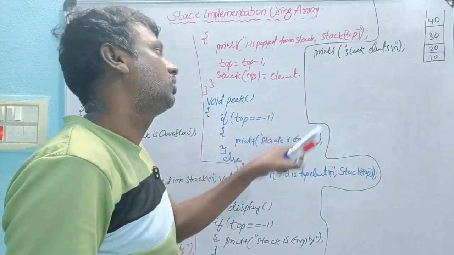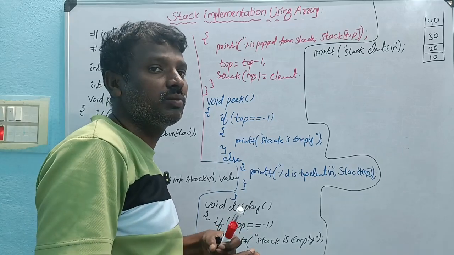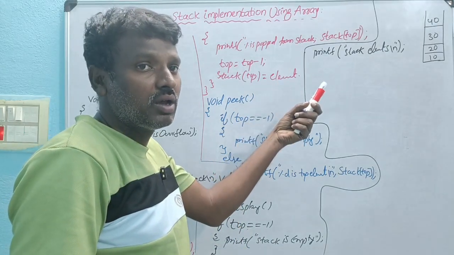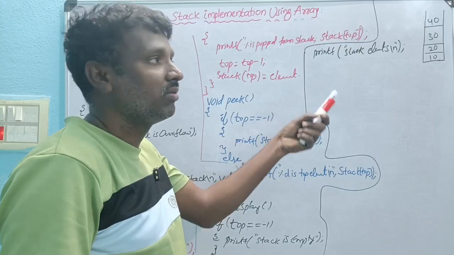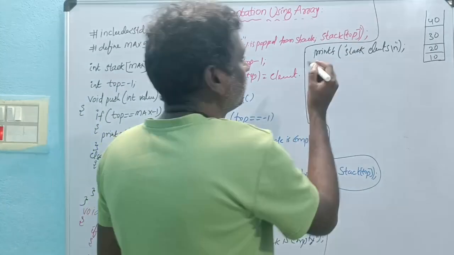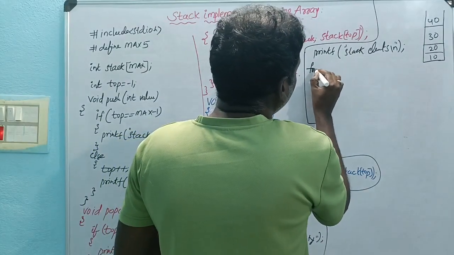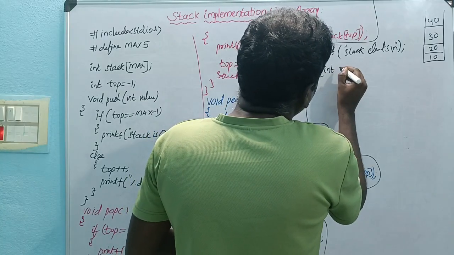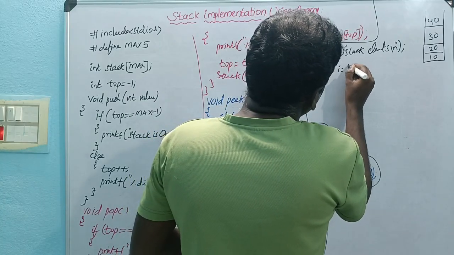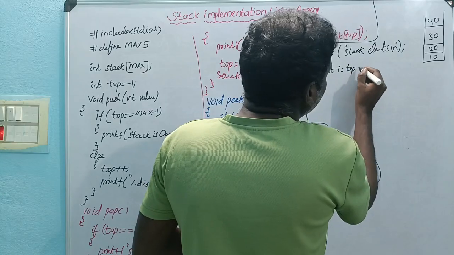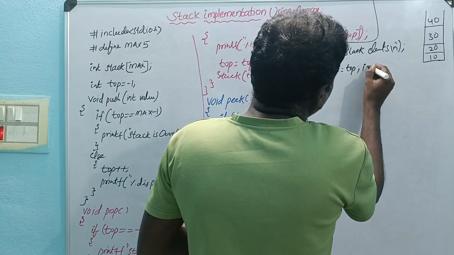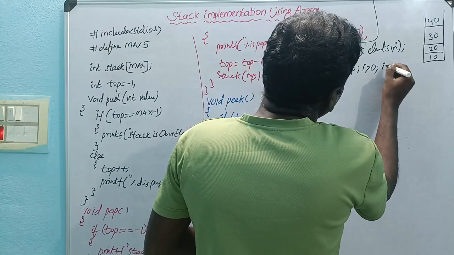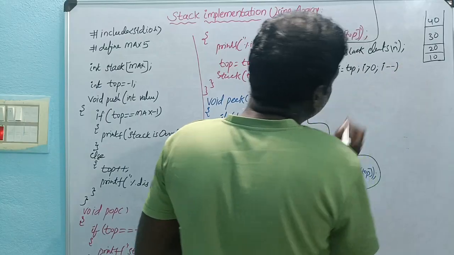Which element is available in our stack, that element will be displayed. So now I take a for loop: int i equal to top; i greater than or equal to 0; i decrement.